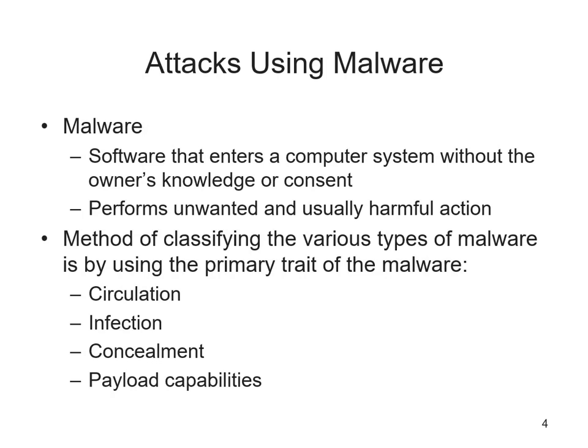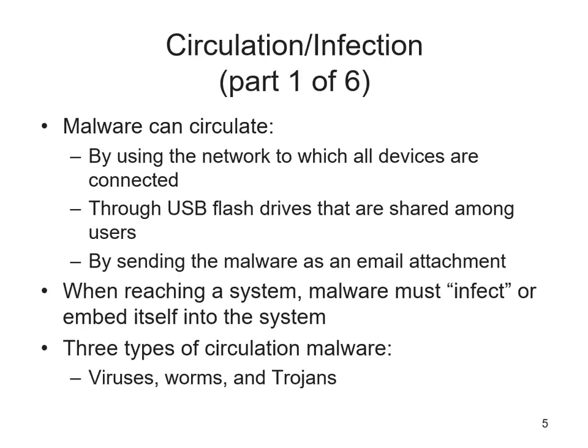However, malware is most often used as a general term that refers to the wide variety of damaging software that we have. Now, how can we classify the different kinds of malware out there? They are categorized into 4 major categories. First is circulation, then infection, third is concealment, and the fourth is payload capabilities.